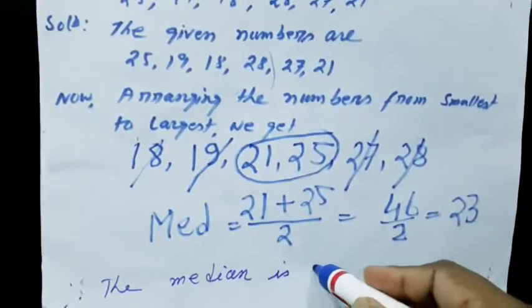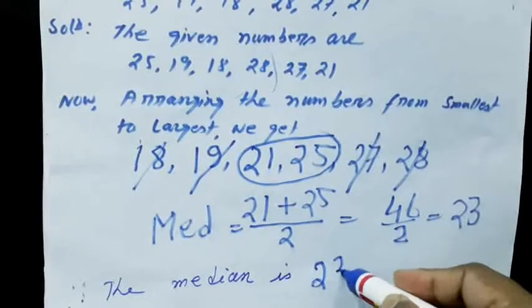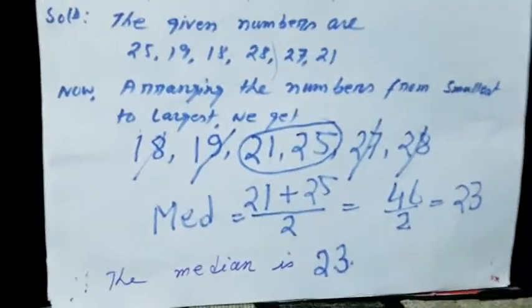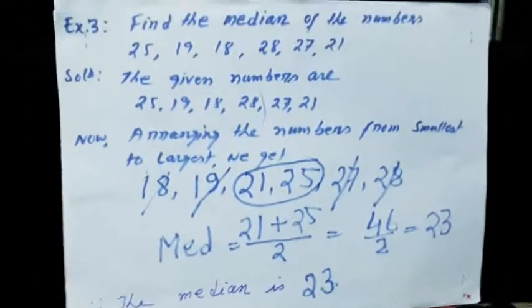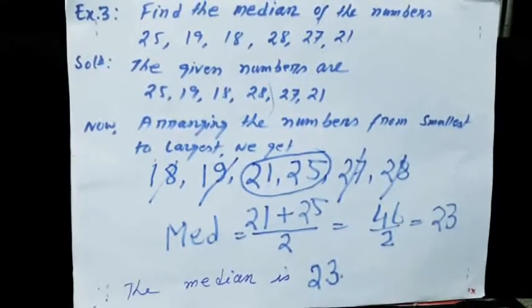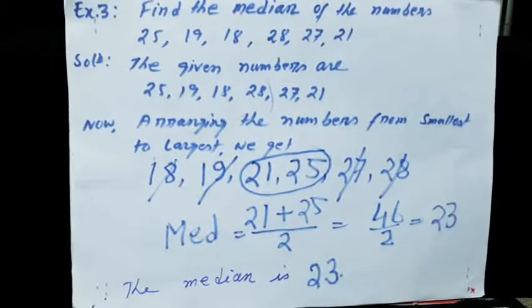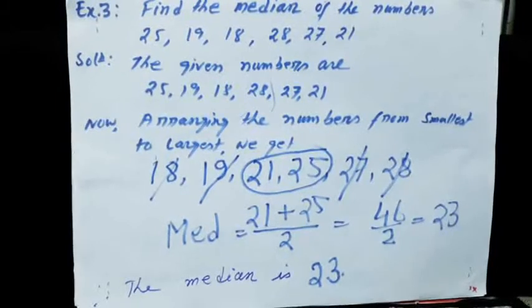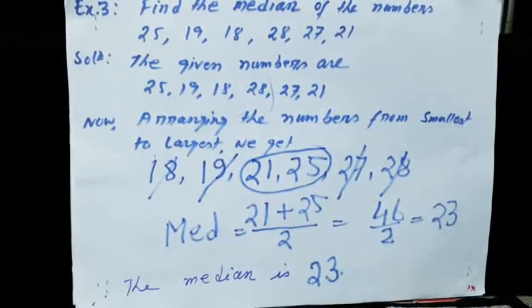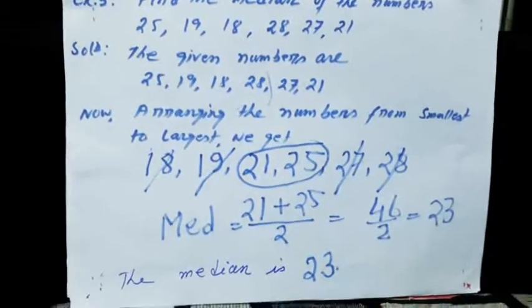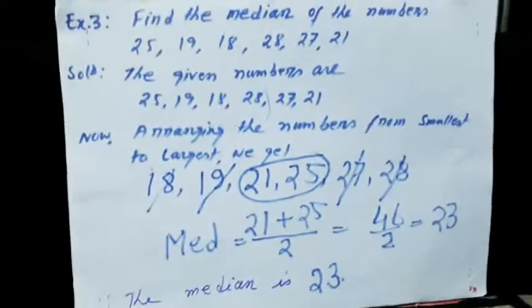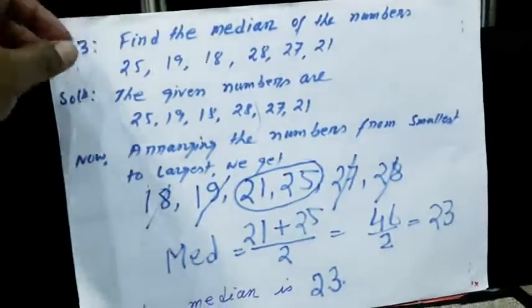Median is 23. Okay, understood? Now see the problem. Understand? Now moving to another problem.